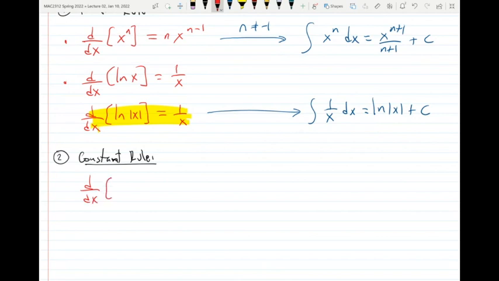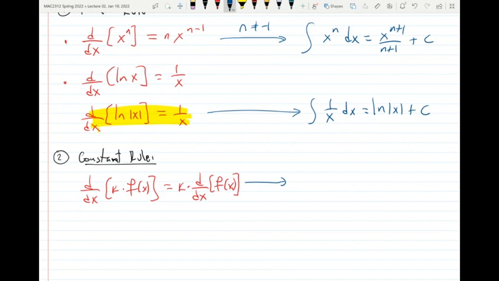When you take the derivative of a constant times a function, let me use k, what is this equal to? Remember, you can take the constant out of the derivative, right? So this is just the constant times the derivative of the function. Because you can take constants out of a derivative, you will also be able to take constants out of an integral.